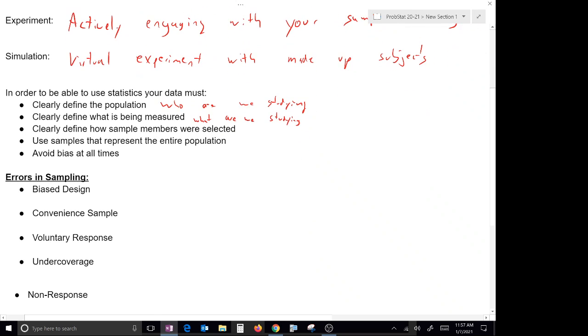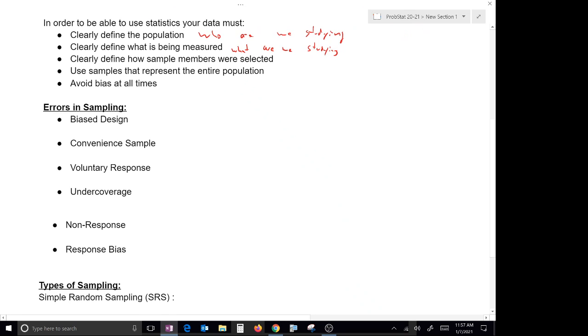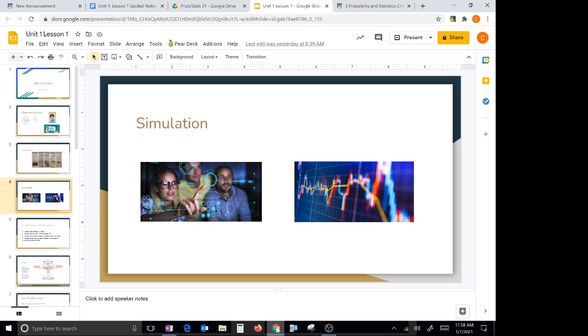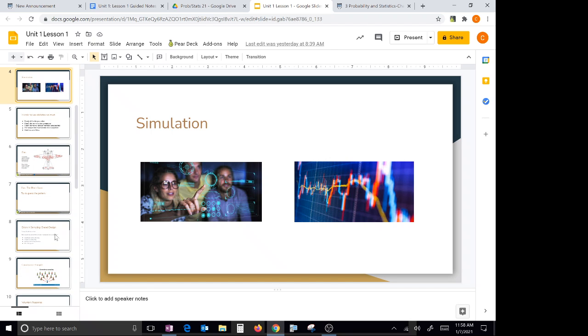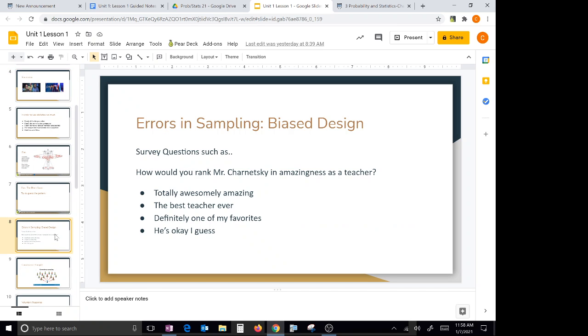Okay, let's talk about some bias, for example, in sampling. So, errors in sampling, a biased design. So this survey question is essentially a biased question because we have three positive answers here and one kind of neutral answer.